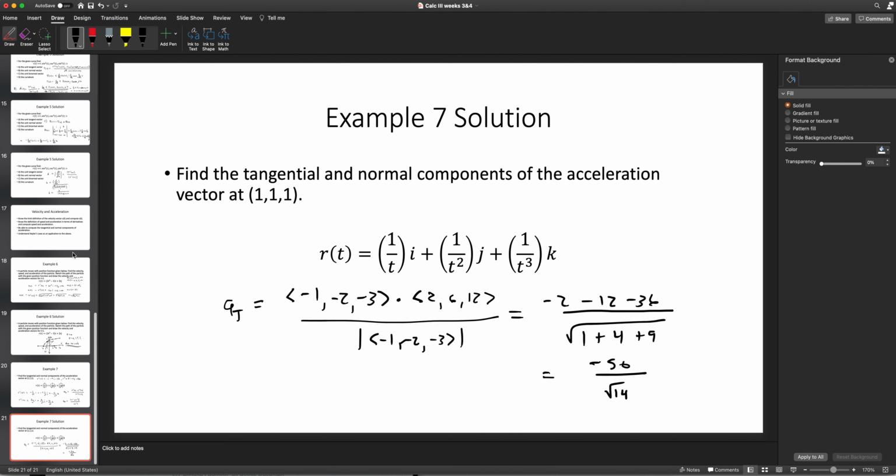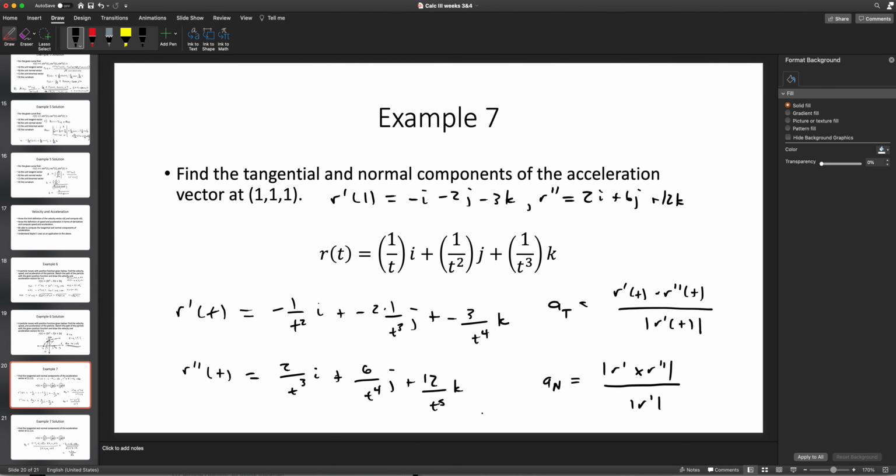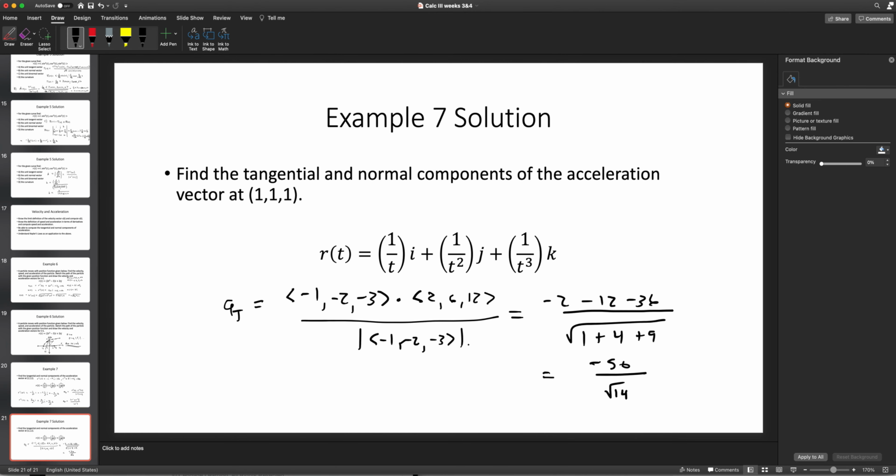And then we'll need to compute a sub N, which is just the cross product of r prime at 1, r double prime at 1, divided by the length. So the length, we could reuse that square root 14.